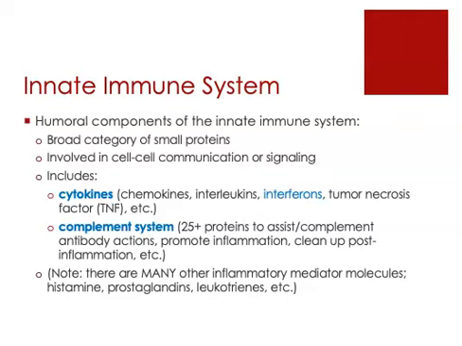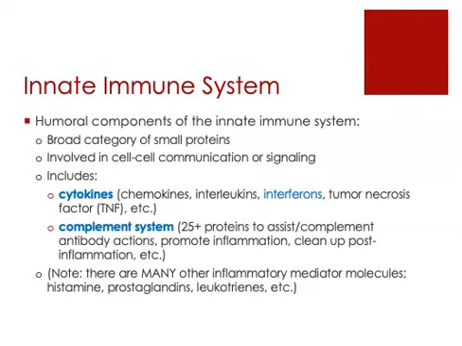And what all of these proteins are doing, the reason we call it a complement system, is they are assisting or complementing the action of antibodies. They're helping antibodies to work better.